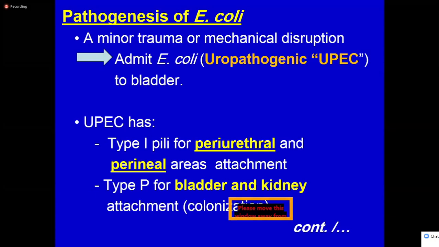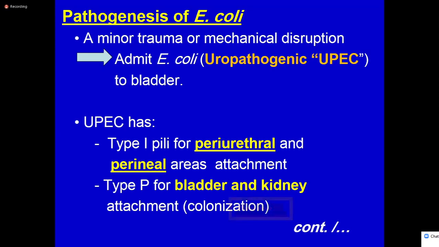Pathogenesis of E. coli. Any minor trauma or mechanical disruption, for example when you put a catheter, will admit E. coli to the bladder. Where does E. coli enter from? From the perineal area or the periurethral meatus. And these E. coli, we call them uropathogenic E. coli. You remember we have spoken about many types of E. coli previously with the GI, enterotoxigenic, enteropathogenic, etc. Today we speak about uropathogenic.